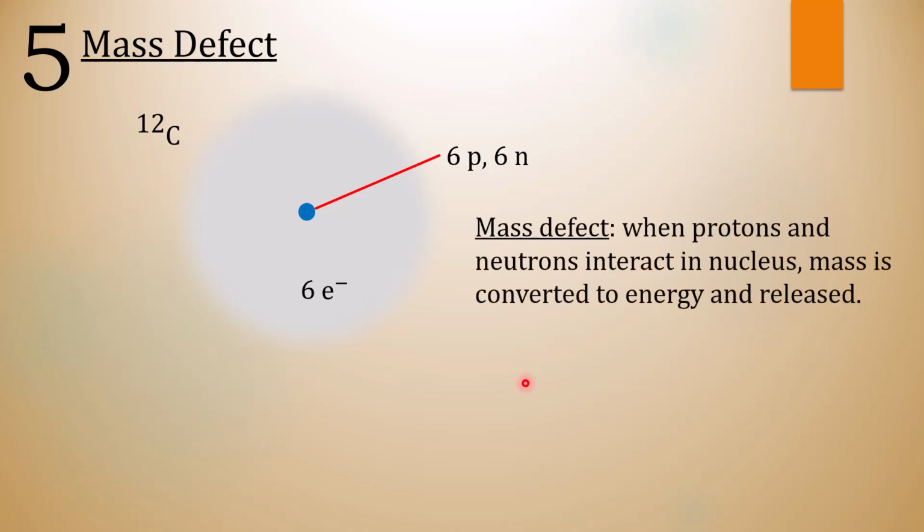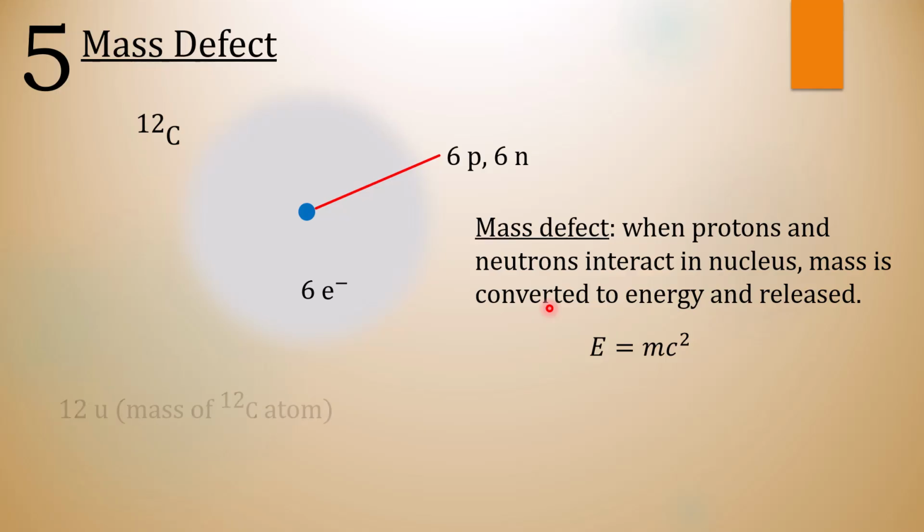So what is going on here? Well, this is that idea of what we call mass defect. In other words, if I talk about carbon-12 and I think of its nucleus with 6 protons and 6 neutrons, and then in some volume around this nucleus, I've got 6 electrons that occupy some region. When the protons and neutrons interact at the nucleus, mass is actually converted to energy and released. And the relationship that links those two is E equals mc squared.